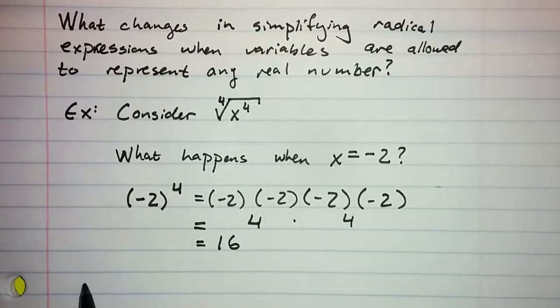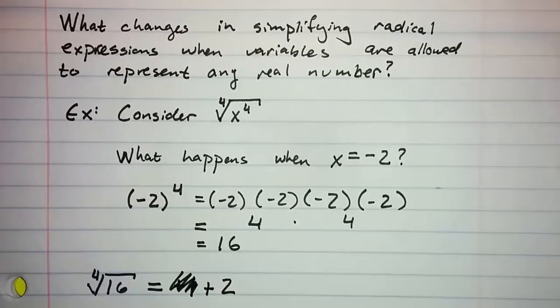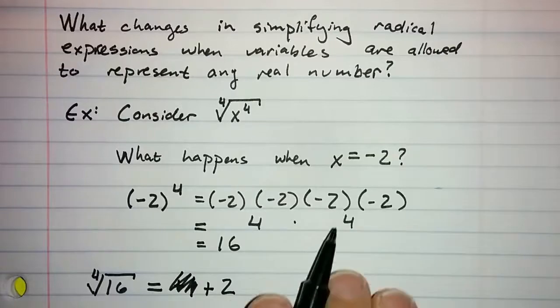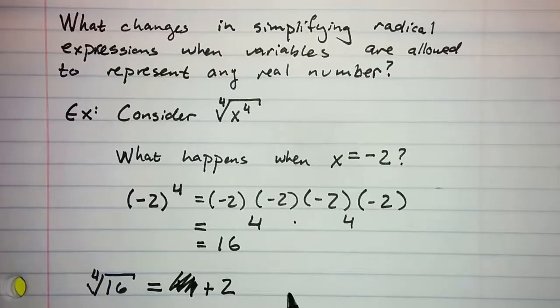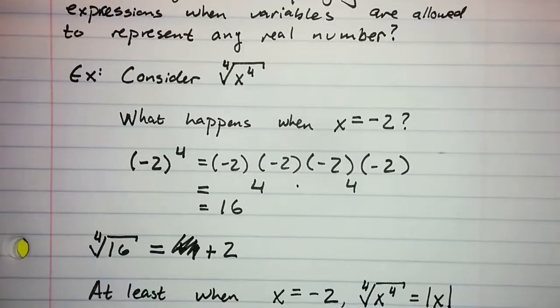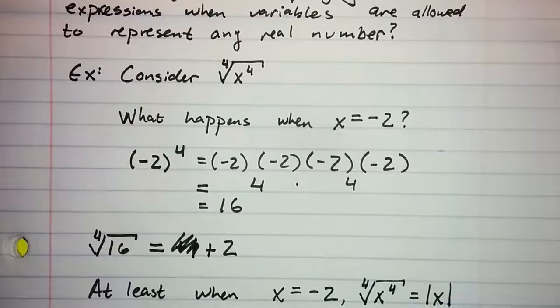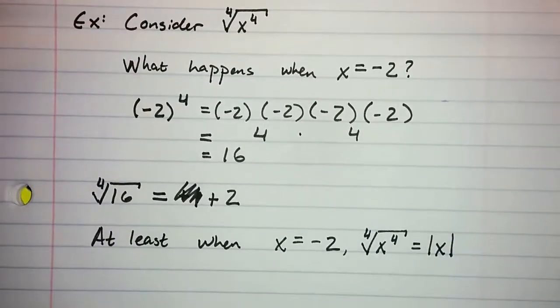But what's the 4th root of 16? The 4th root of 16 is positive 2. So at least when x is negative 2, the 4th root of x to the 4th is the absolute value of x. Will that happen for any negative number?